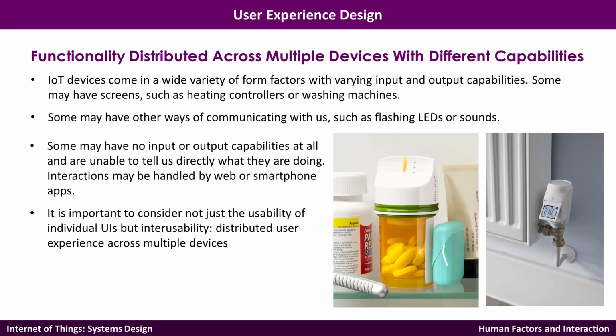In the Internet of Things, the functionalities are typically distributed across multiple devices with different capabilities. For example, some IoT devices might have screens, even if they are small. You can see in the image that the heating controller has a small screen. You may also have seen such screens in washing machines, where users can interact and make some inputs.